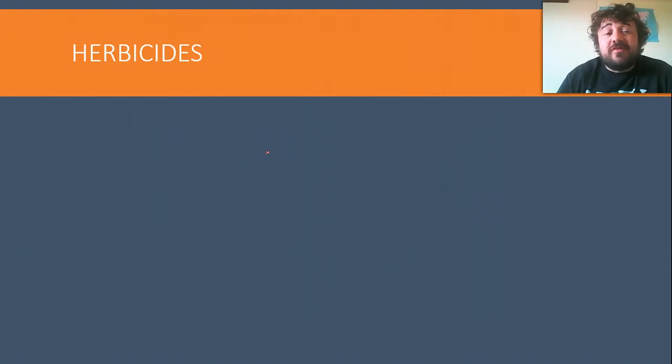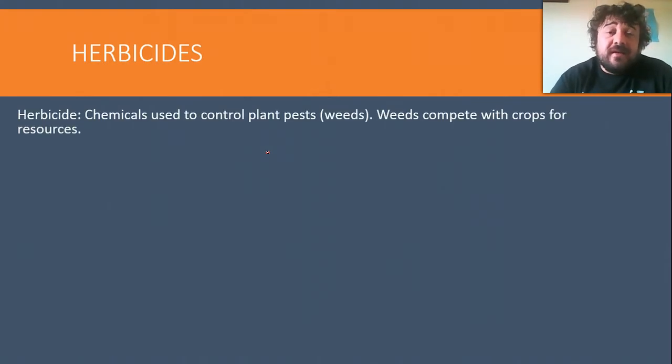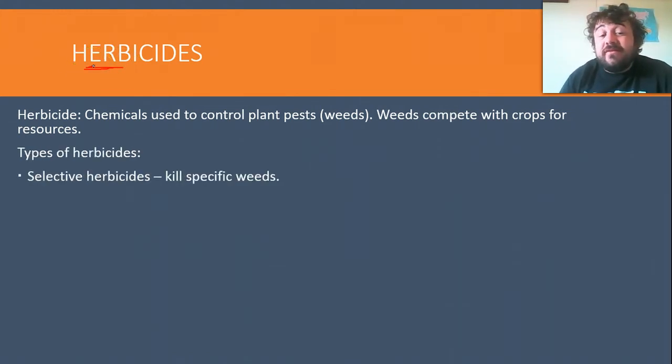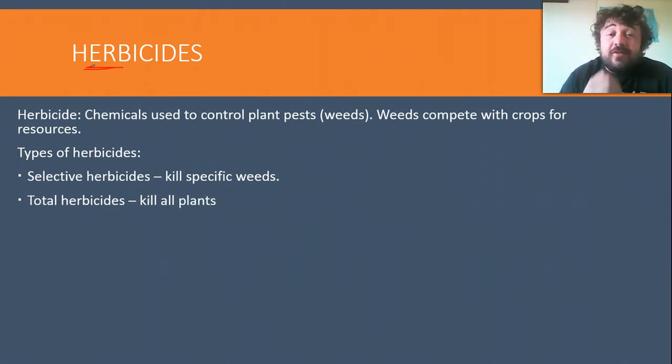All right, herbicides. Now, these are essentially a weed control material. So a chemical that we use to kill off the weeds in our crops. Now they're specifically used for plants. Hence the herb part means that it's to do with plants. There are several types. You've got selective herbicides which kill off specific weeds. You've got total herbicides which will kill off every plant in the area. Roundup's a good example of this.